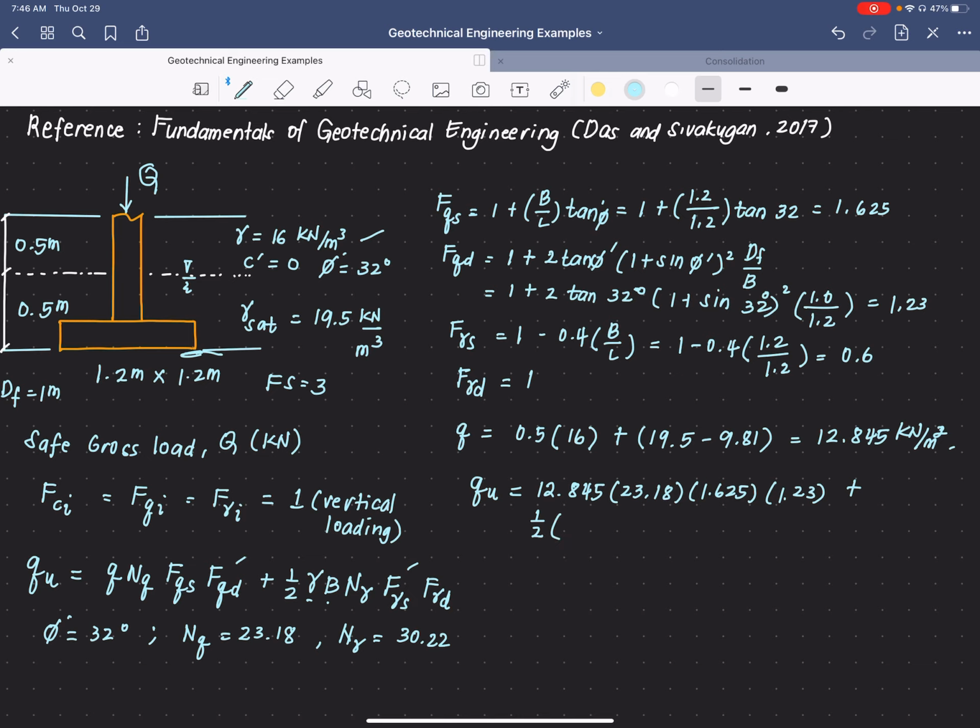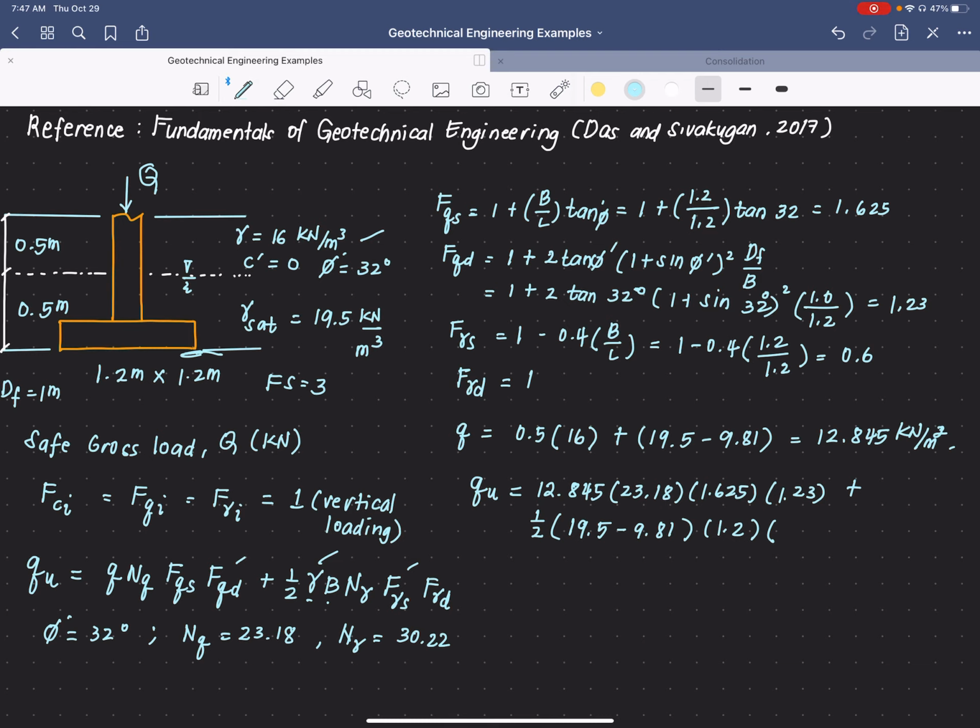Then we add the next term, which is 1/2 of gamma. So what gamma are we going to use? What unit weight? For this case, I think this is case 1, right? Case 1, the location of the water table is within our D sub F. So if that is within our D sub F, we will use the gamma submerged, or the effective unit weight, or the submerged unit weight. And we can solve that by our gamma sat, or saturated unit weight, minus 9.81. So we'll have 19.5 minus 9.81 for our gamma. Then we have B, which is equal to 1.2.